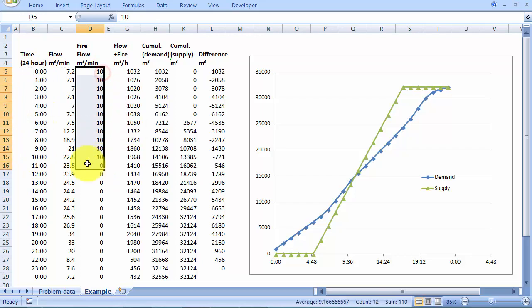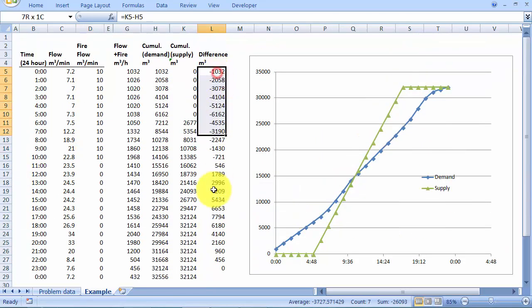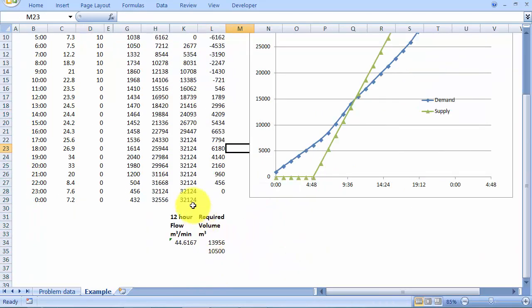Our fire demand for 10 hours of 10 meters cubed per minute could start and end at any point in the day. So we're allowing for that, rather than adding a continual value and looking at the difference between supply and demand as we had in the past. When we're determining the required volume, I should hide that value so it's less confusing.